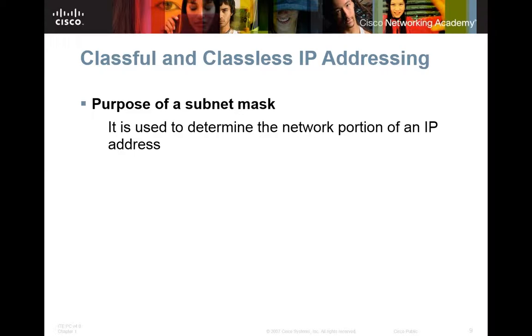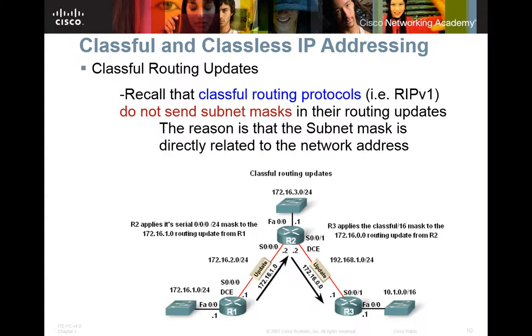Purpose of a subnet mask, what is it? It tells you where you break your host and your network addresses from each other, right? Classful routing updates. Recall the classful routing protocols, which we haven't got to yet, but I'm going to when we get to the distance vector.